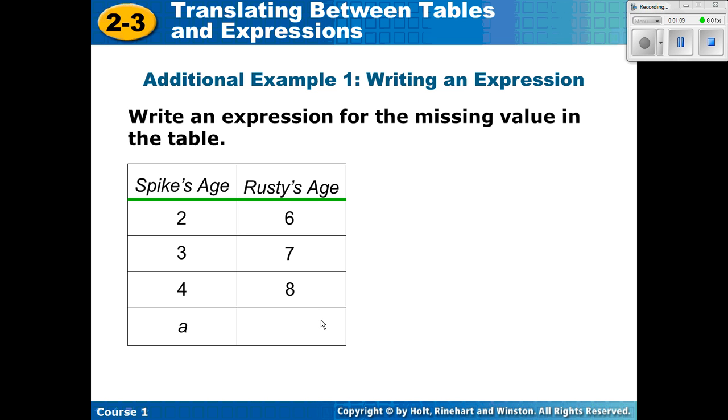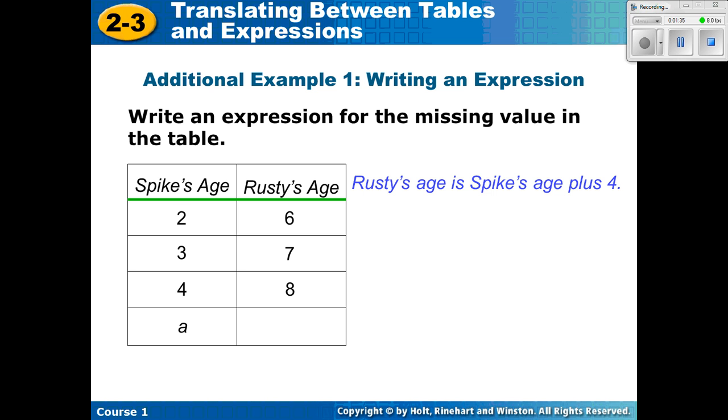So we need to think about what the differences are between the numbers that we see going across in the row. So what's the difference between 2 and 6? Yes, it's plus 4. But is that the same for 3 to 7? Yes.